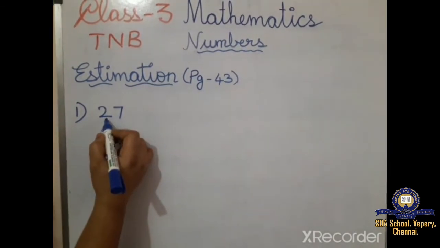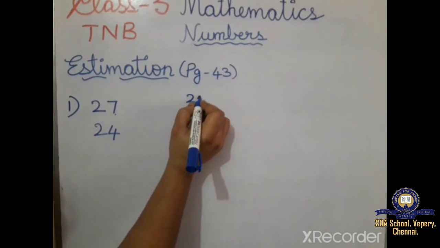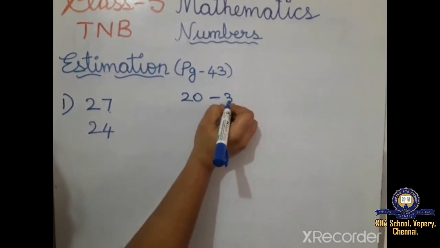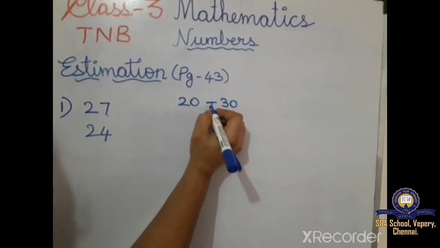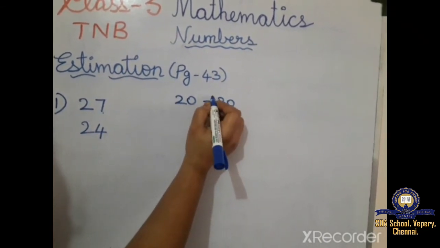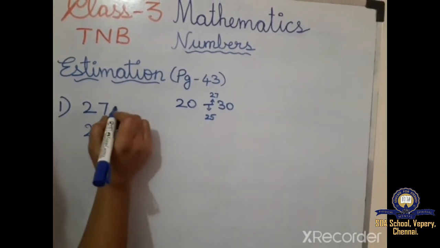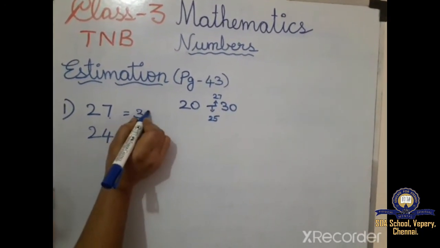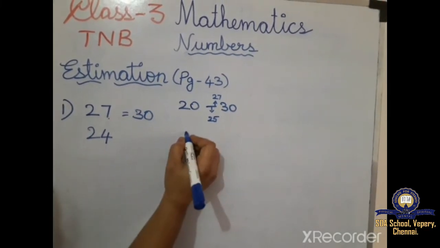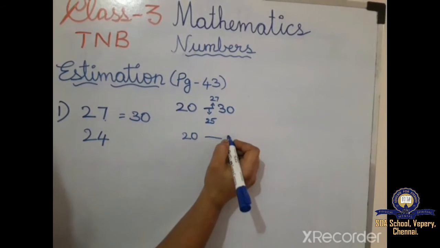So the first number is 27. 27 will come between 20 and 30, right? And what is the middle number? 25. What they asked? 27. 27 is greater than 25, so the answer is 30, right? Now 24 also will come between 20 and 30.